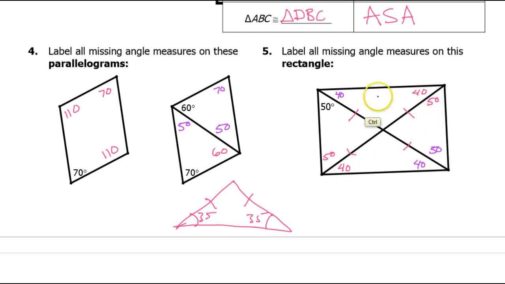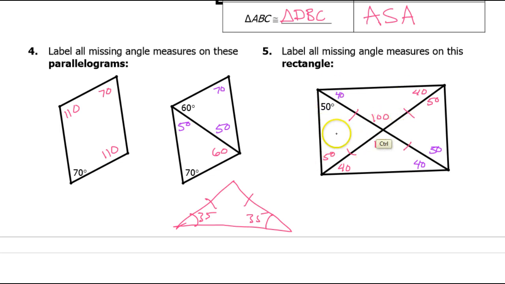Now that allows me to find the angles in the middle by subtracting from 180. So for example, these 2 angles together make 80. So that means this angle up here must be 100, because that's the only way it's going to make 180. These are vertical angles, so that's also going to be 100.